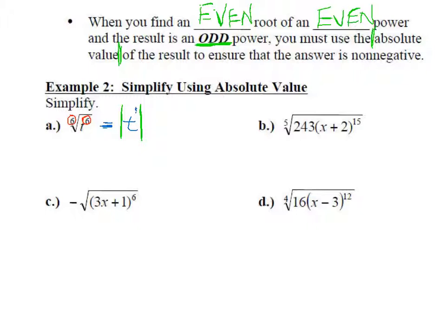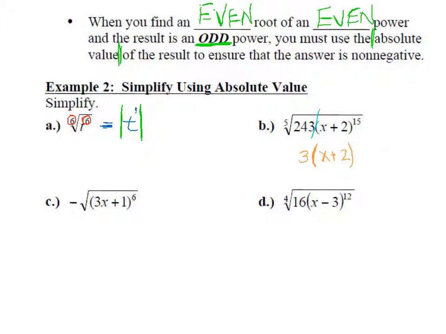Okay, so let's look at the next problem here, where you're going to have to simplify the fifth root of 243 and the fifth root of (x plus 2) to the 15th. So we know that the fifth root of 243 is going to end up being a 3. Then you have the parentheses, x plus 2, nothing happens inside here.